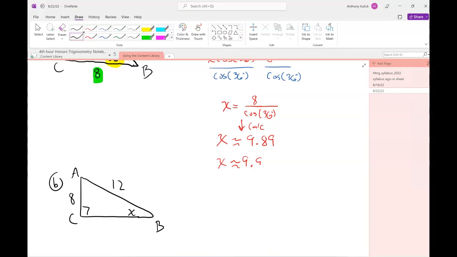Okay, still kind of the same problem, right? And why did I pick sine here then? Because you know the opposite. Great. Relative to the angle, I know the opposite and the hypotenuse. So the equation I'll write is going to be sine of x, good, equals, very good.